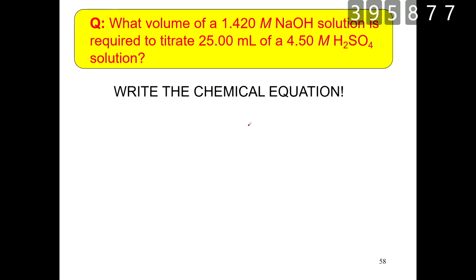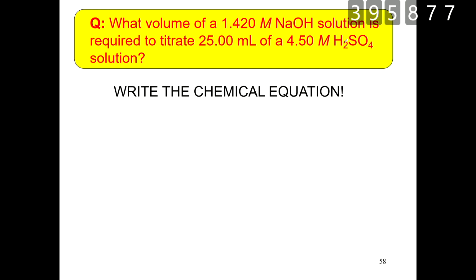Okay, now a question. What volume of 1.42 M sodium hydroxide solution is required to titrate 25 milliliters of 4.5 M H2SO4 solution? In this case, this is the base and this is the acid.